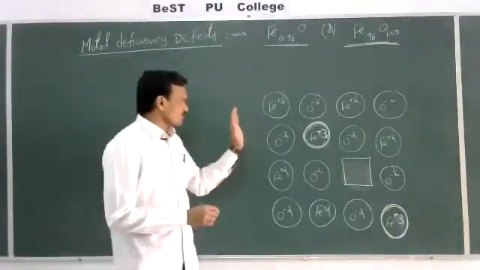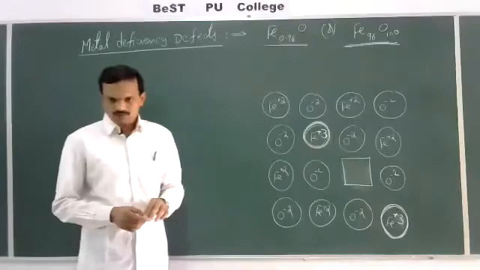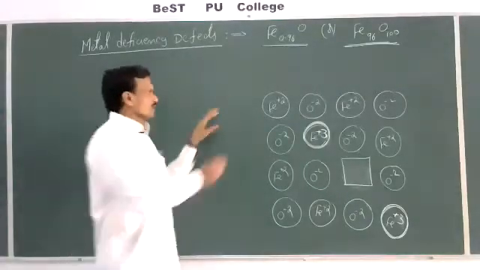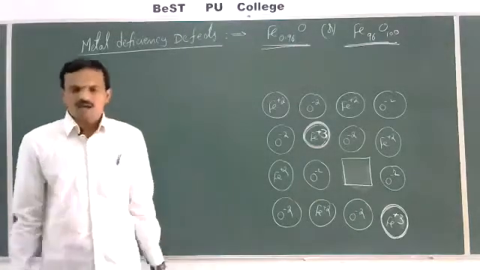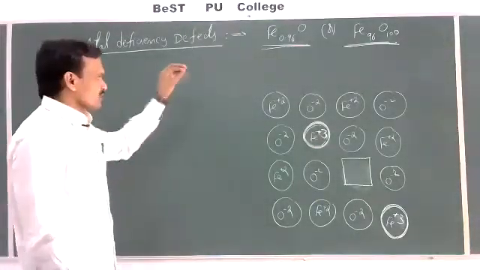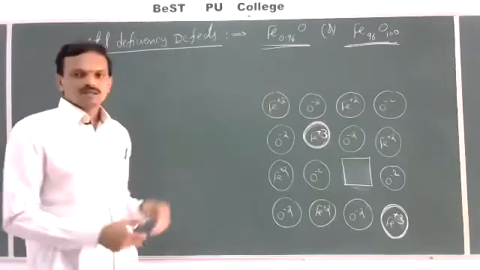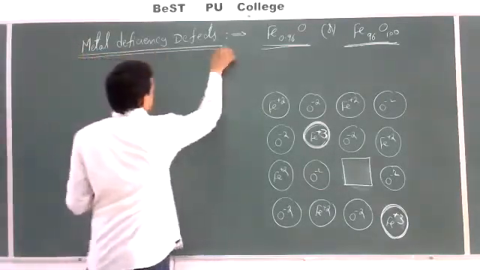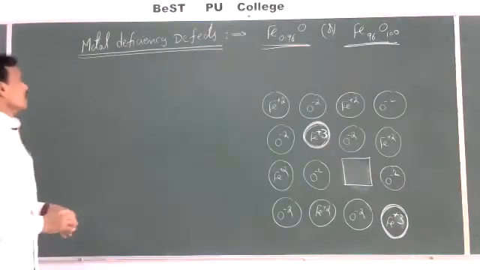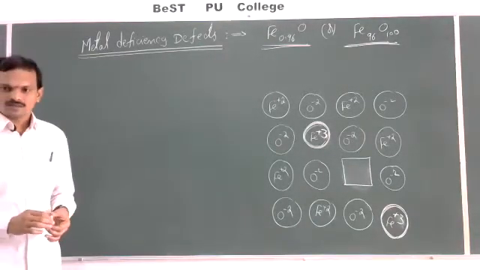Only then can this type of defect be observed. Taking iron oxide as an example, it contains Fe plus 2 ions as well as Fe plus 3 ions. Such defects are known as metal deficiency defects.